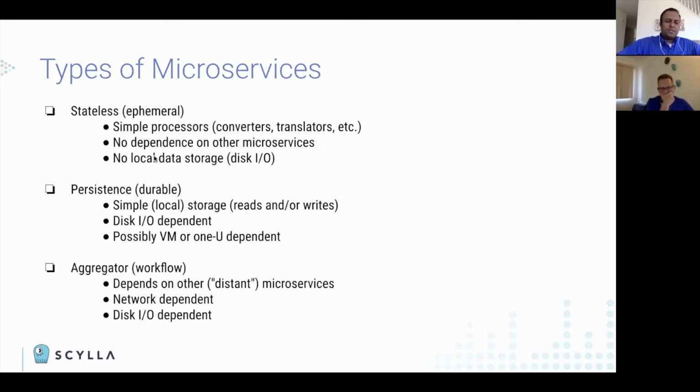These microservices are durable in nature, which typically depend on databases of some sort. They use local storage, whether it is for reads or writes, and they're a lot disk dependent. They're possibly built on a single VM or a one rack unit. These are typically applications which are used for your system of record, your source of truth.